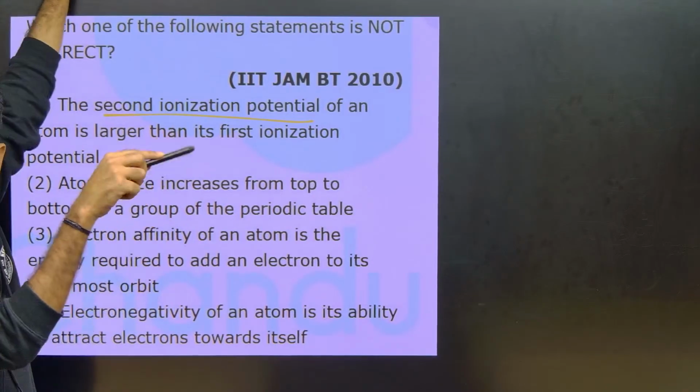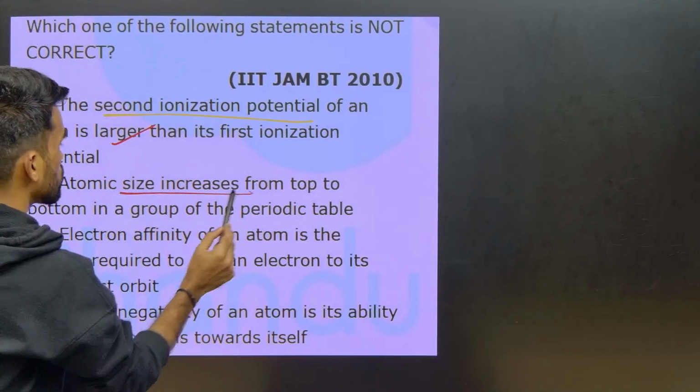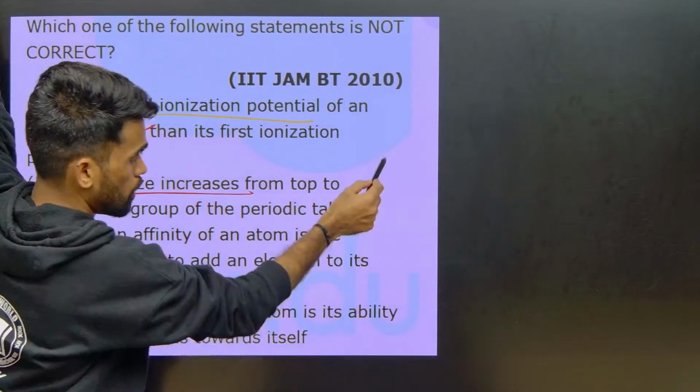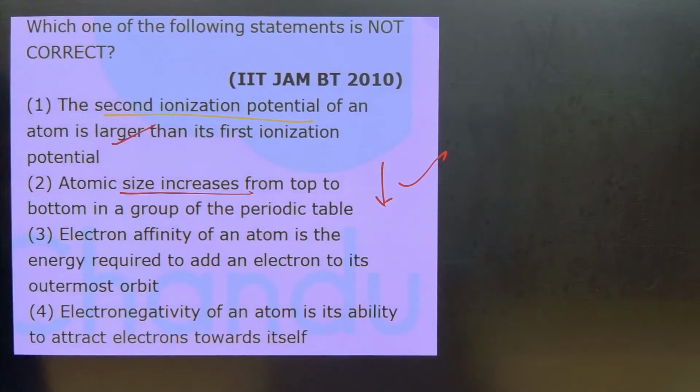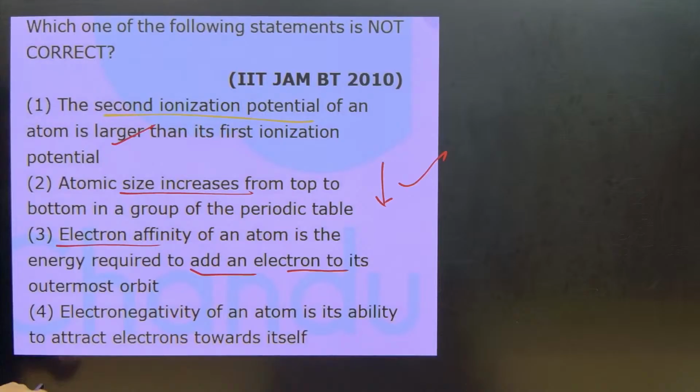IE1 is lesser than IE2, successive ionization energy, that is true. Next, atomic size increases top to bottom in a group, that is also true. Top to bottom what happens? Increases. Next, required to add electron, is that correct? Let us put it aside and go for the next statement.